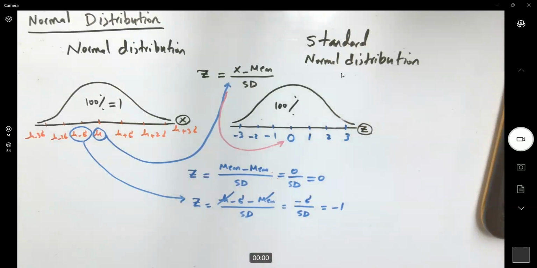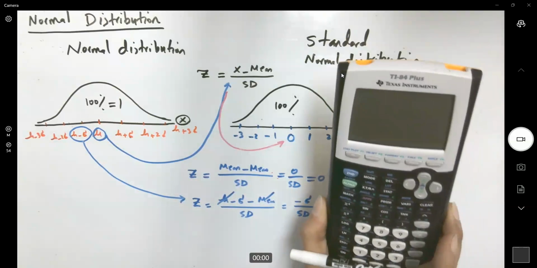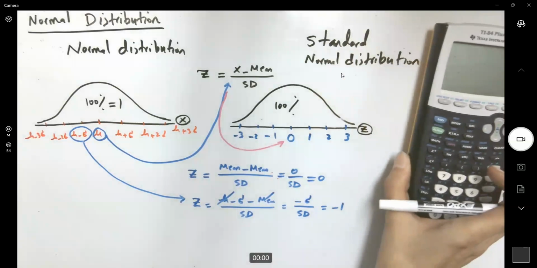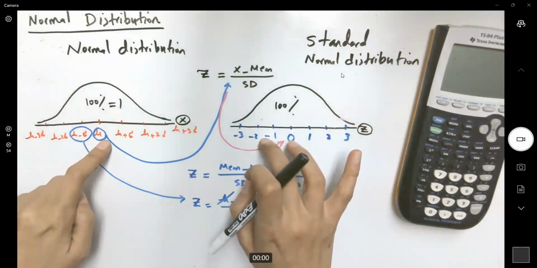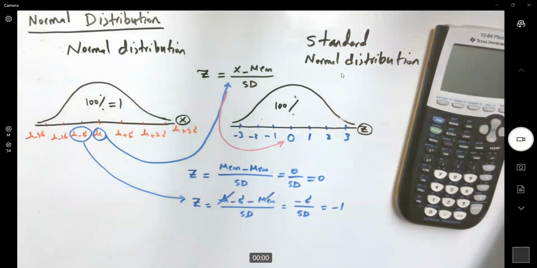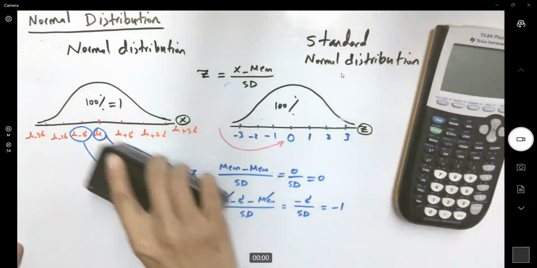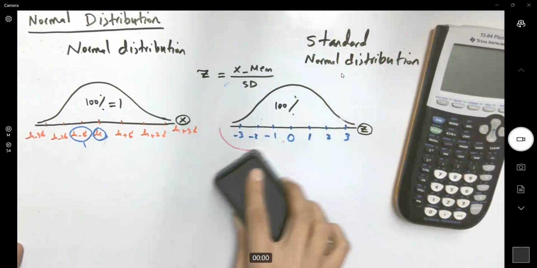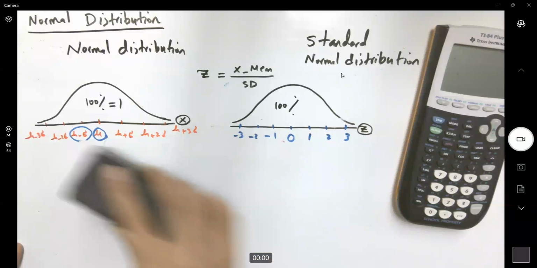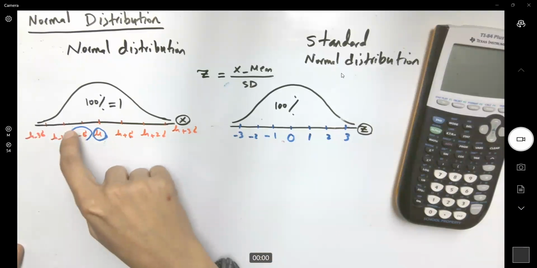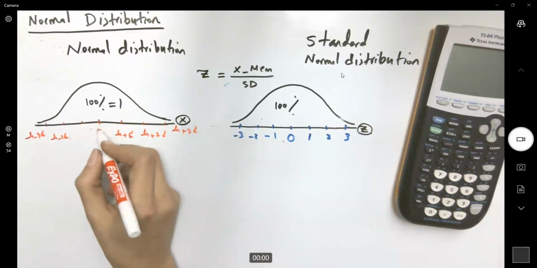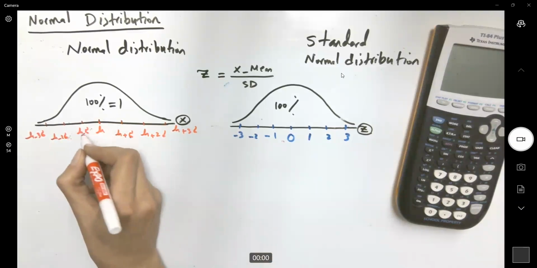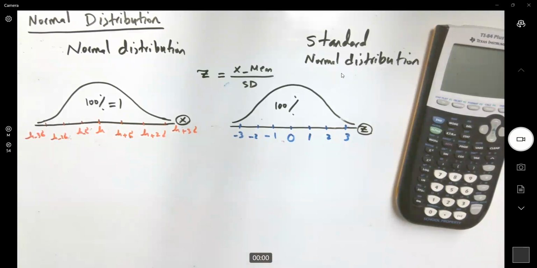Now we would like to know, how do we use our calculator to transform probabilities or areas to z or x? Take a look at this case. Let me erase these. We need more space. Mu minus sigma, mu, I think I need to rewrite this. So let's take a look at this example.